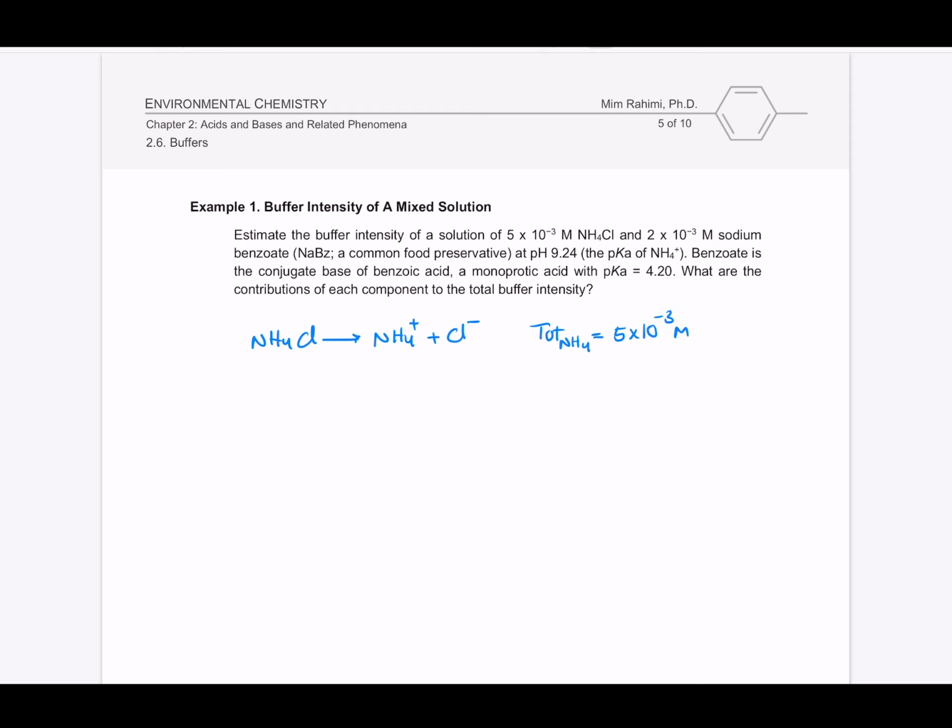So total ammonium is not just the concentration of ammonium, but the concentration of ammonium plus ammonia. And NH4 plus is in equilibrium with NH3 plus H plus.